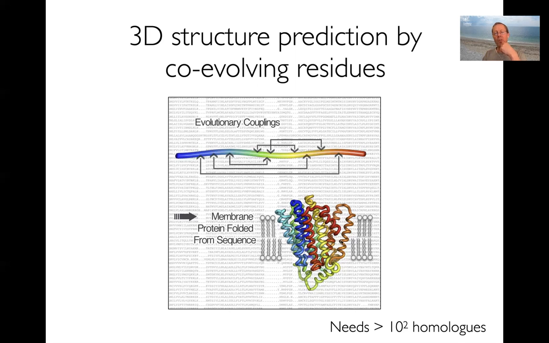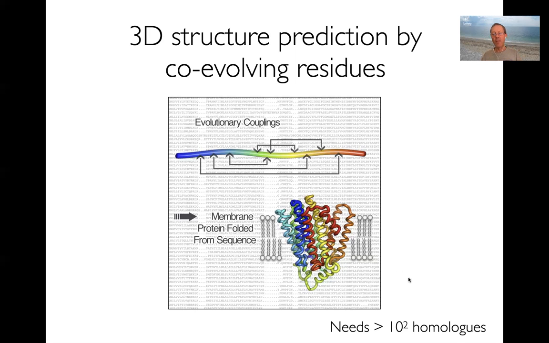But you can also use a lot of more advanced machine learning superimposed on this that takes all of this sequence variation from the multiple sequence alignments into account. And these methods now are actually surprisingly good. In many cases, you can get very close to the actual structure using these types of 3D structure prediction algorithms.